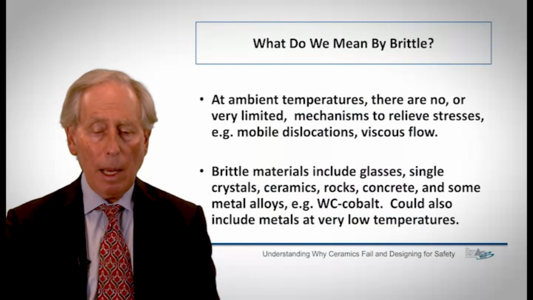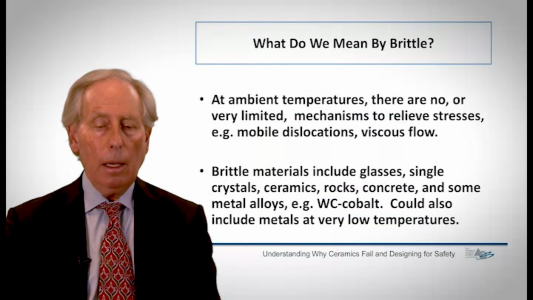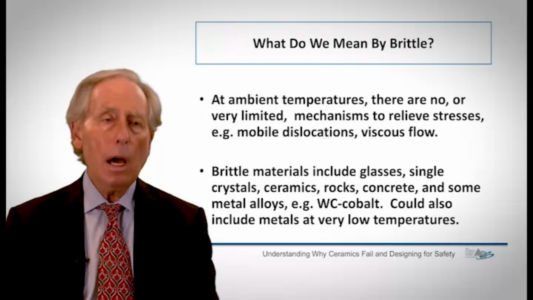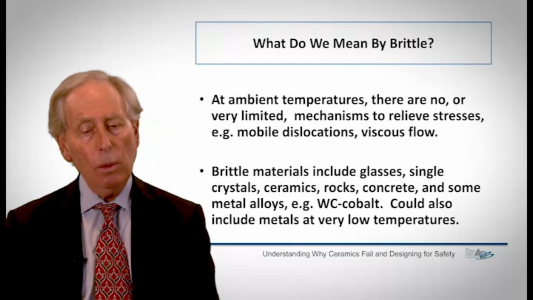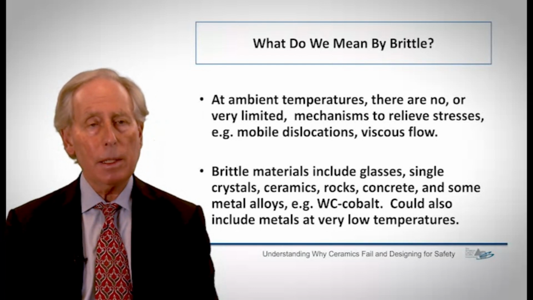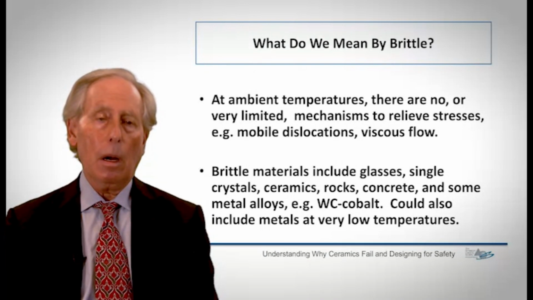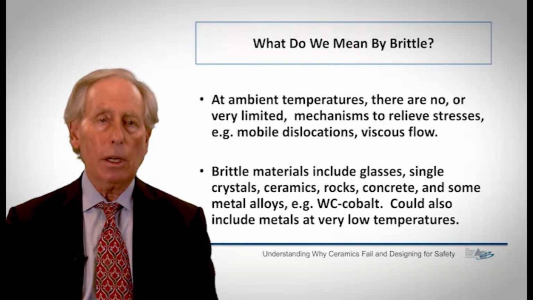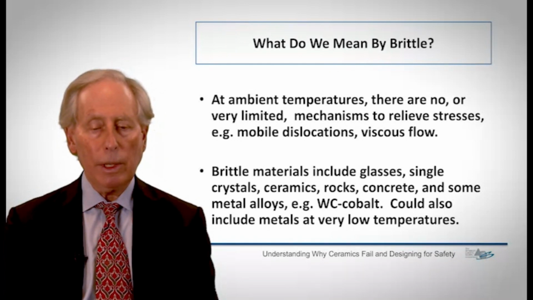So what do we mean by brittle exactly? It means that there are none or very few mechanisms that relieve stresses. In other words, metals are ductile because there are dislocations that can relieve stresses. There are strains that occur in the material, and with ceramics there's no such mechanism. There are no mobile dislocations.